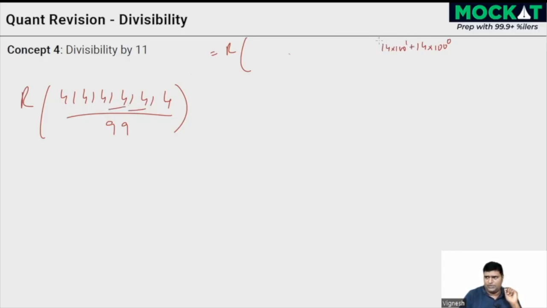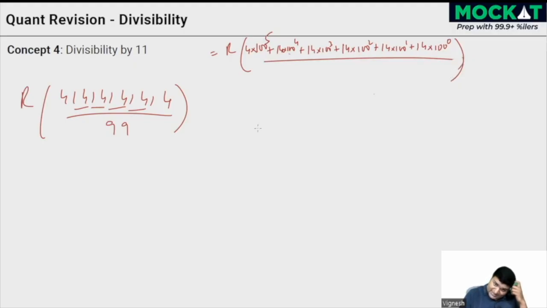The next 14, from the rightmost end we have to start, into 100 square. 14 into 100 cube, 14 into 100 power 4, plus 4 into 100 power 5. You don't need to write all of this. It's just noting this the first time around. The proof which we used for divisibility by 9 or 11, the same we have to use for 99 or 101, with 100 over here instead of 10.